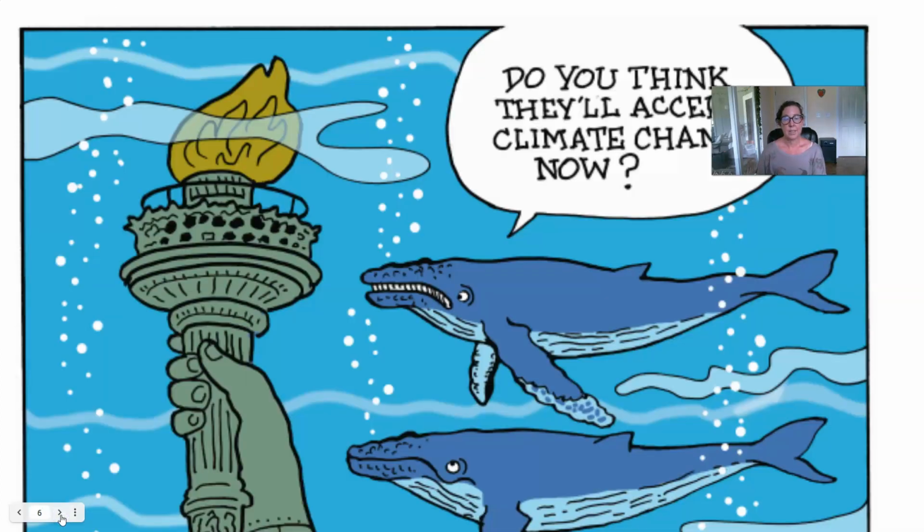In the next example, we have some whales and they are asking, do you think they'll accept climate change now? As they look at the Statue of Liberty, which is submerged in water. Audience, probably targeting people who do not believe in climate change and that it's negatively affecting our Earth.